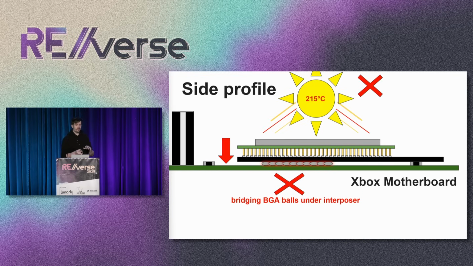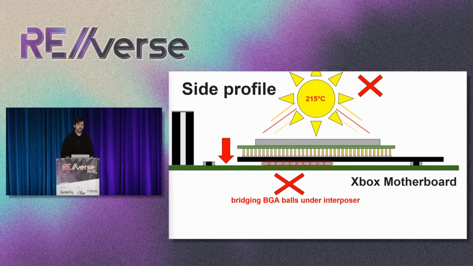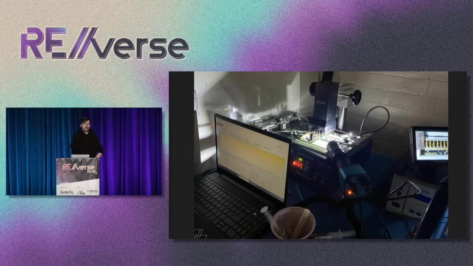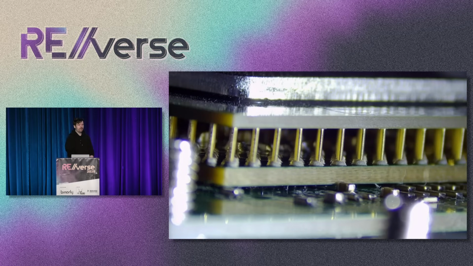So we use the lower temperature solder paste to just reflow the bismuth paste such that the CPU will adhere to the interposer without disturbing all of the balls that we used to attach it to the motherboard. And so we go under the BGA station for the third time here. And here it is, just closer up.